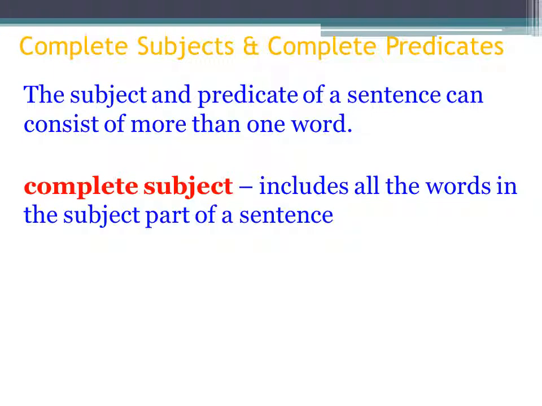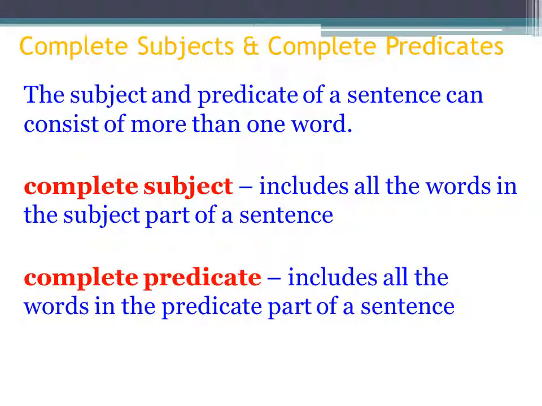We also have a complete predicate. This includes all of the words that are in the predicate part of the sentence. And again, the complete predicate is going to consist of everything that's not in the complete subject. So when we're looking for complete subject and complete predicates, all of the sentence is going to fit into one of those two categories. Usually the beginning of the sentence will be the complete subject, the end would be the complete predicate.